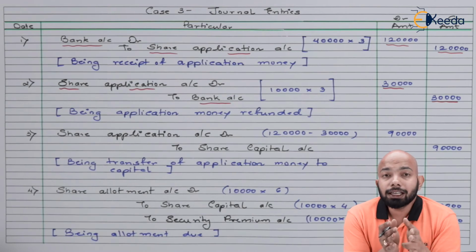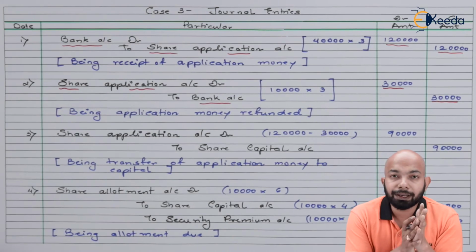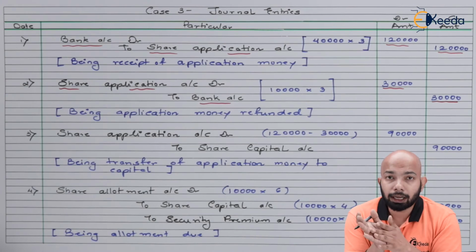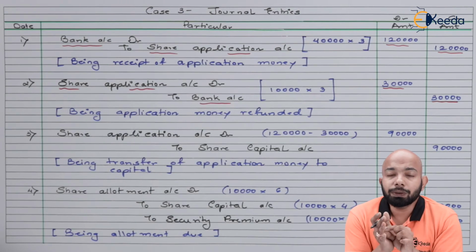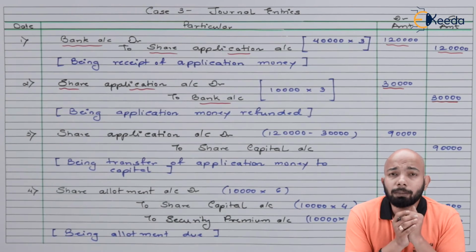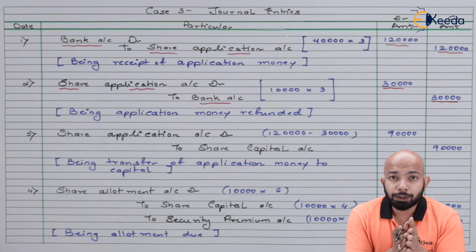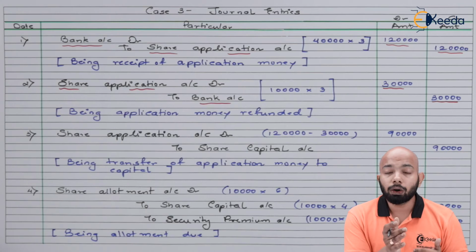After this, we are supposed to transfer application money itself to the share capital account. So the entry will be share application account debit to equity share capital. However, as there is pro rata, we have received a certain amount in advance, which refers to the excess application money that can be utilized further as pro rata allotment has been given.